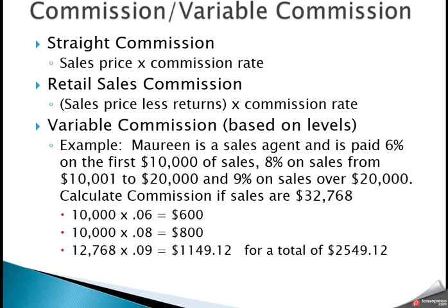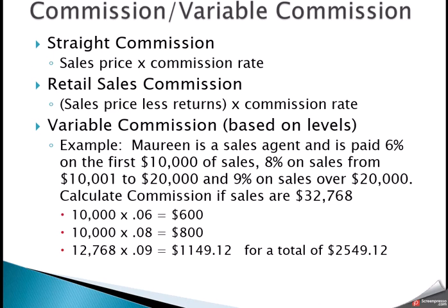You don't get any commission on your first so many sales because they assume, even if you're a horrible salesperson, people will still come in and buy stuff. Then they reward you for going above and beyond and trying to add on and get more sales, so they give you incentive to get those more sales.